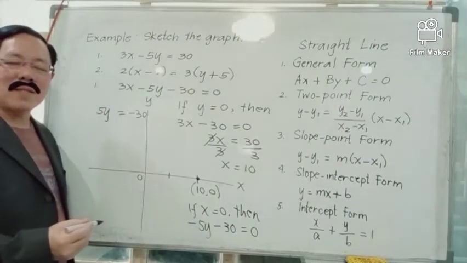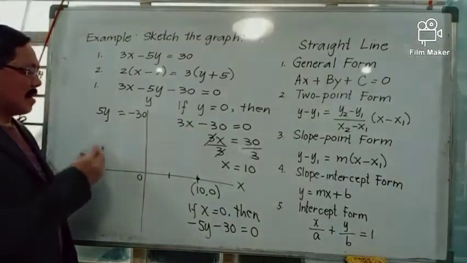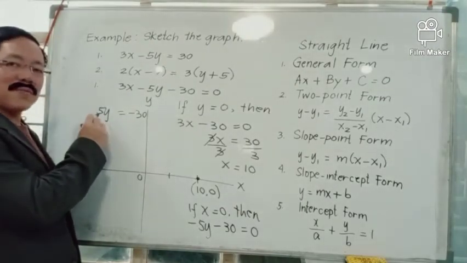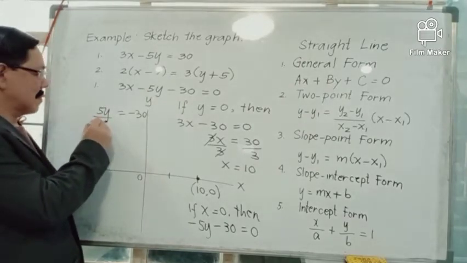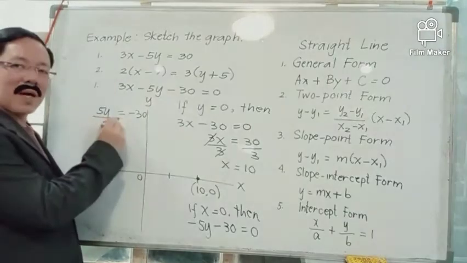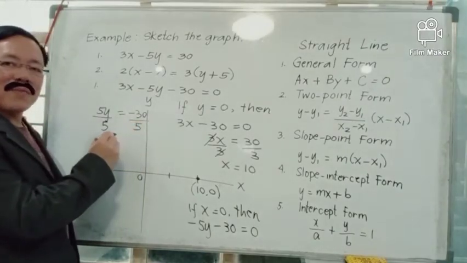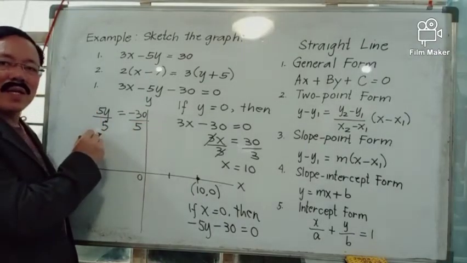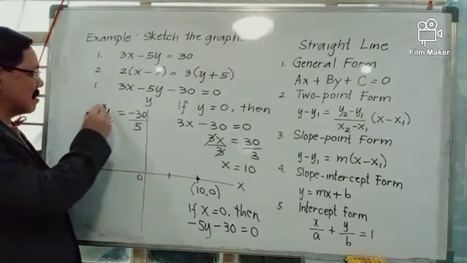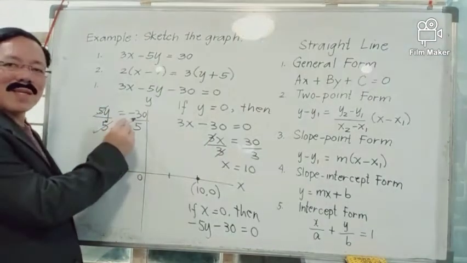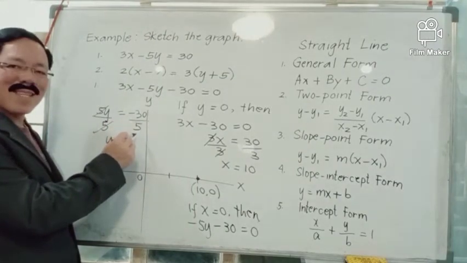From this equation, we solve for y by dividing both sides by 5. Divide the left side by 5 and the right-hand side by 5. 5 will cancel out from the left-hand side. We get y equals negative 30 divided by 5 is negative 6.